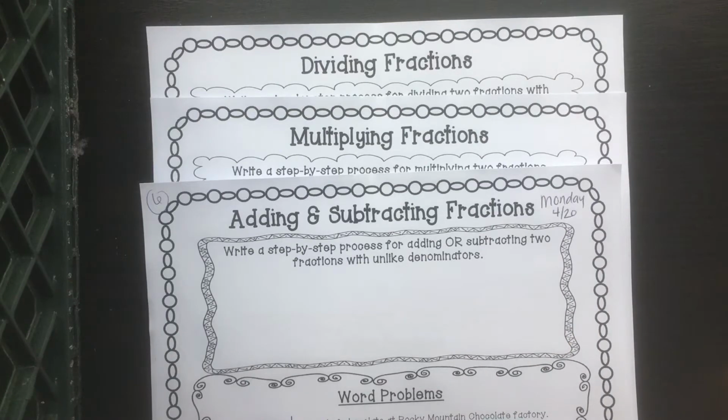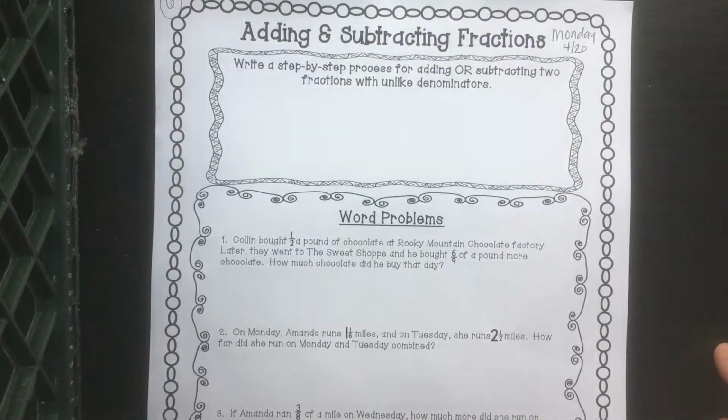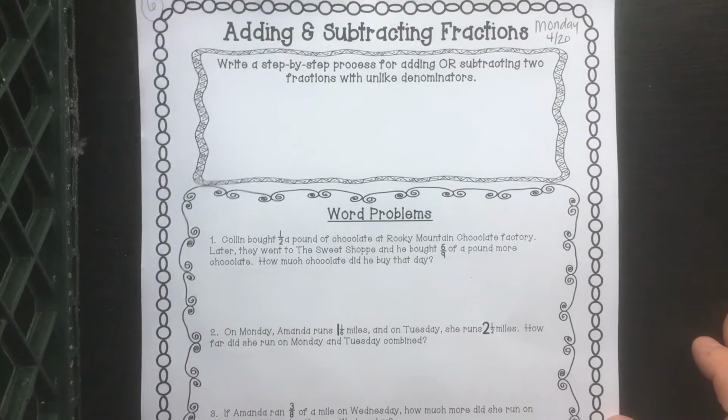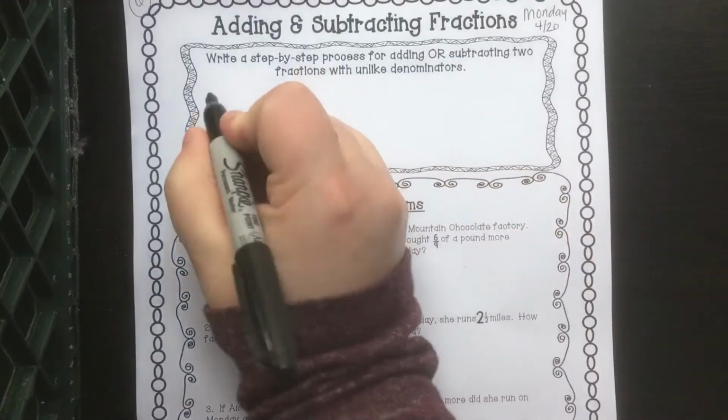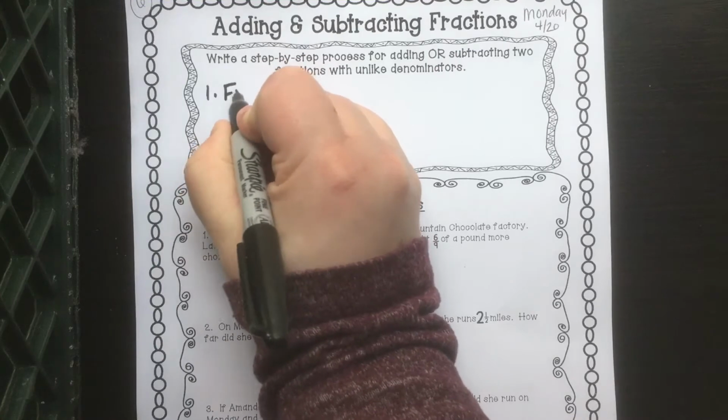All right, so first up, adding and subtracting fractions. Okay, so we're looking at fractions that do not have the same denominator. All right, so the steps: we need to find the common denominator.